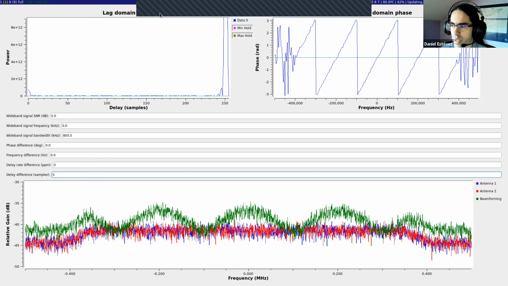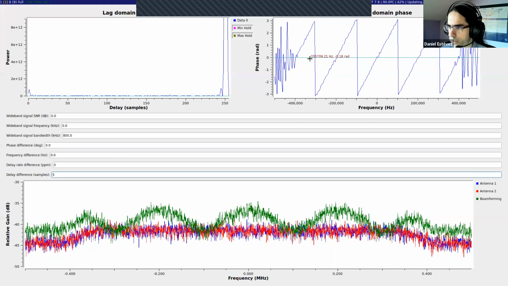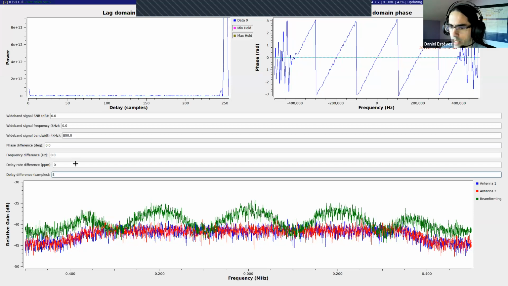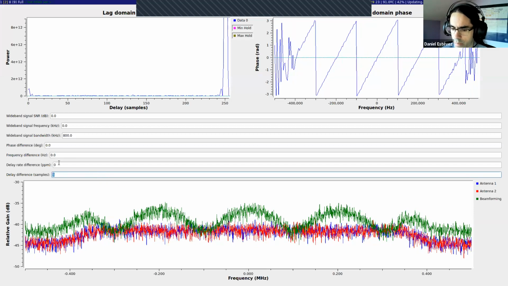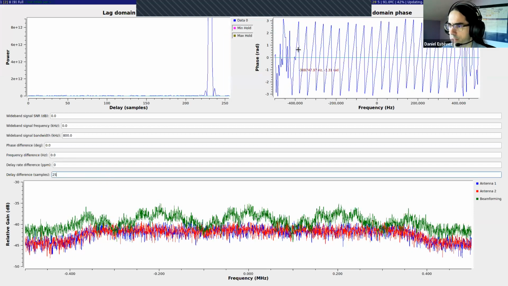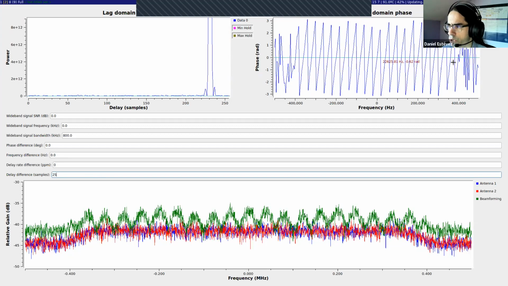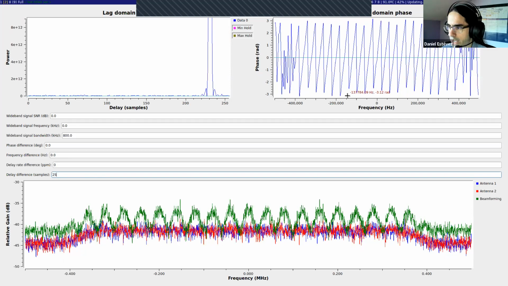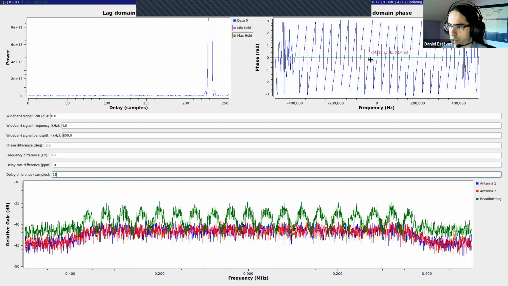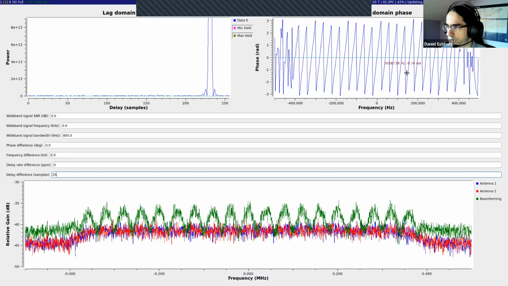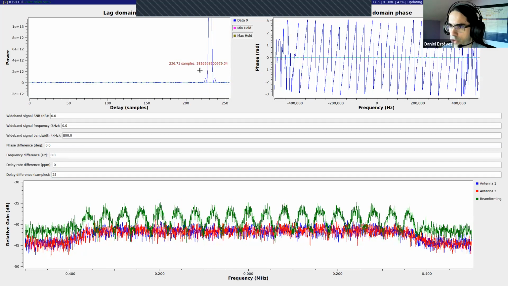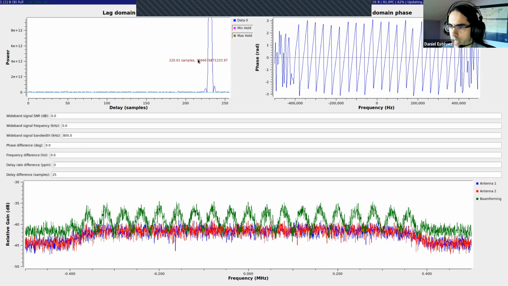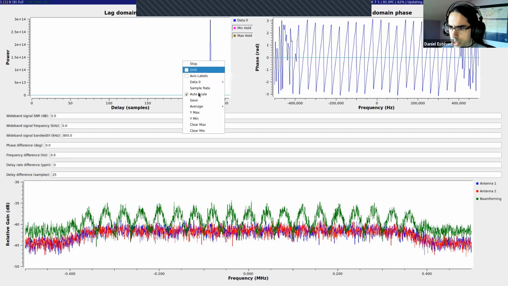What is this lag domain power used for? So maybe counting here is not so easy. For example, if I have 25, it's somewhat cumbersome, not only for us humans, but also for numerical processing on the computer to count if this is 25 wrappings or 24 or 20 something. So we have these, I'm going to use the auto scale.